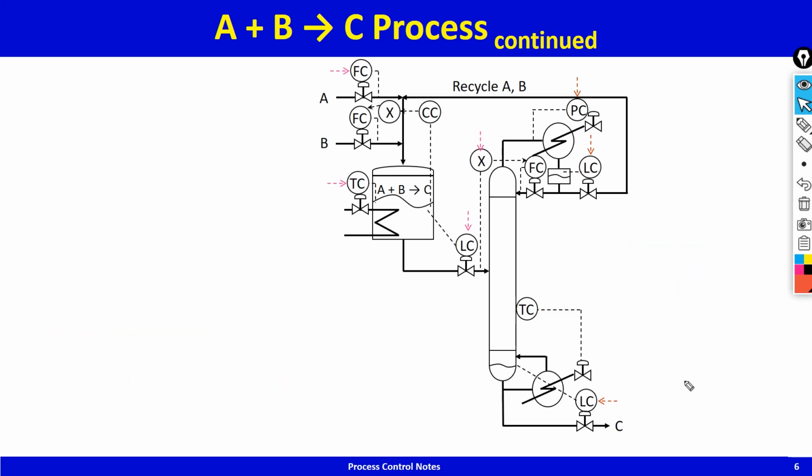Okay, let's continue. Now we say, because we want tight quality control, maybe we have a composition controller that is specifying the C purity level, XC in the product, mole fraction of C in the product.